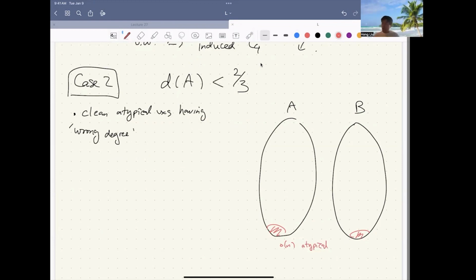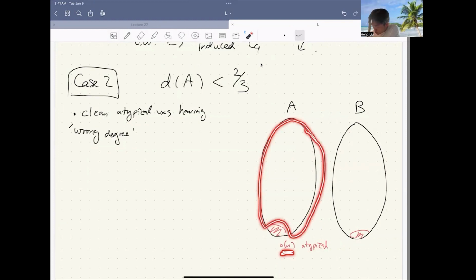Good. Now all the remaining vertices, they are nice. Degree is as expected. Now, since the vertices we clean is negligible, the density in here is still at most 2/3 plus little o(1).